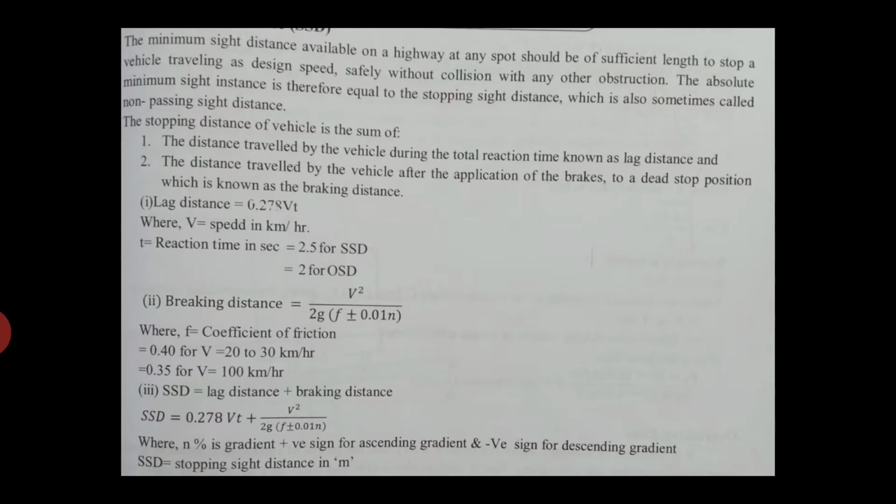It is understood in two parts, that is lag distance and braking distance. First, lag distance is the distance traveled by the vehicle during the total reaction time. When the driver sees an object, an obstruction or an oncoming vehicle, that time he reacts is the reaction time.